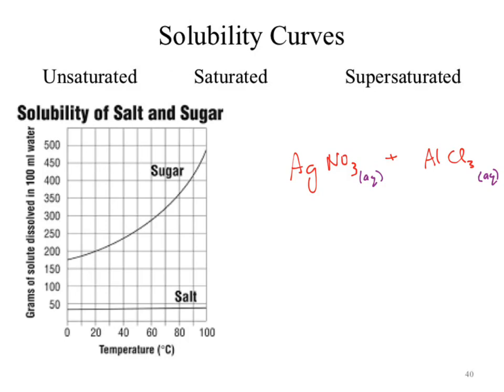One of the problems with that, though, is what would I measure? If I go into the lab now to measure my silver nitrate aqueous, what am I going to measure out? Do you think mass would be something I would measure? Mass doesn't work because I'm not getting the mass of silver nitrate. I'm getting the mass of silver nitrate and water.